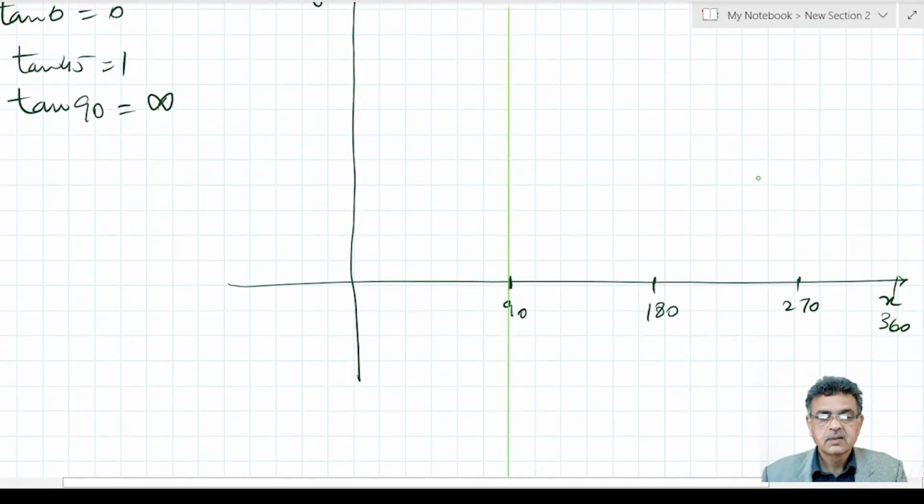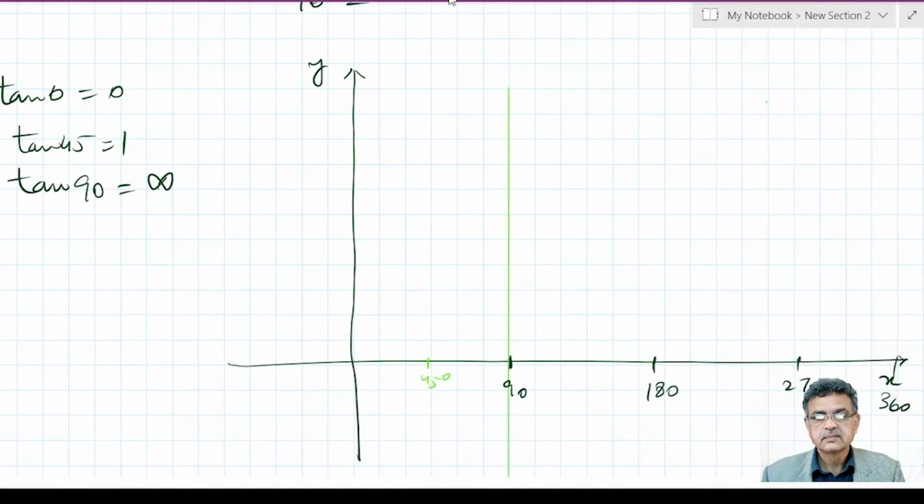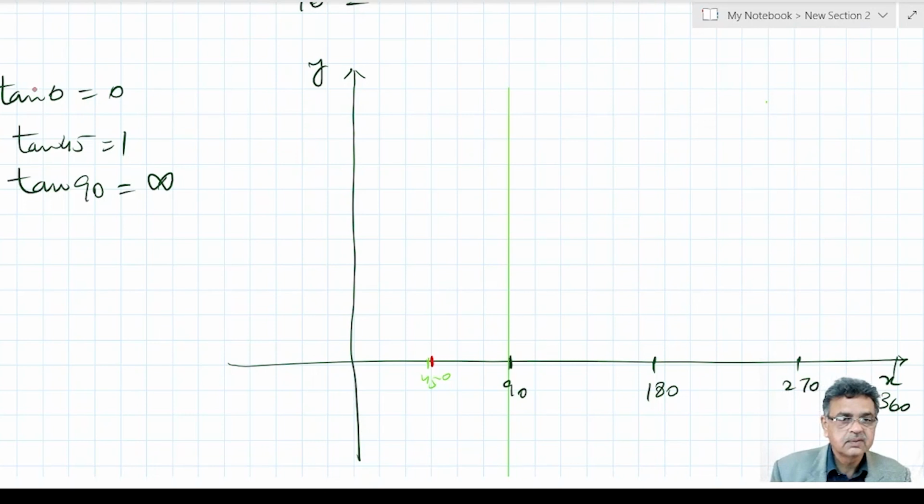So what will be the behavior of the graph? This is 45 degrees, and at 45 degrees, the value of tangent 45, we have written here, is 1.